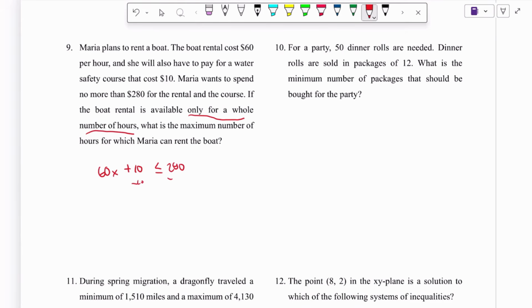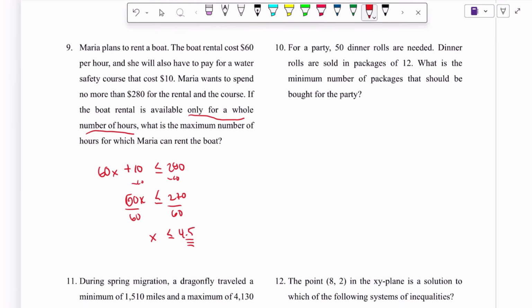So I subtract 10 from both sides. I get 60x is less than or equal to 270. If I divide both sides by 60, x is less than or equal to, plug that in the calculator really quick, or if you can do it in your head, awesome. That is going to become 4.5 hours.